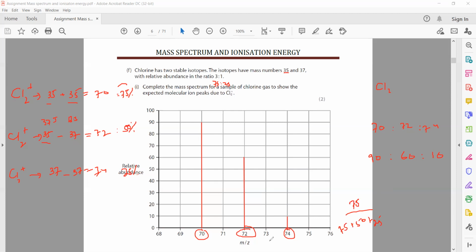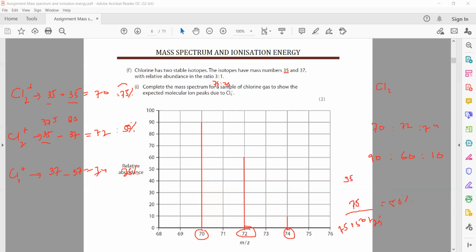So you can write the peaks, like there are different ways to write this. You can write this will be 50, that is for 35, chlorine 35.